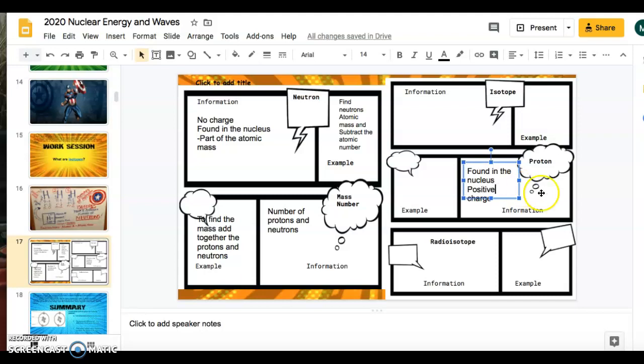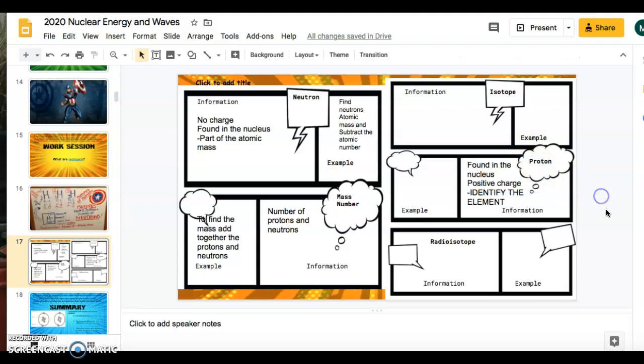Now, one thing that's really important to also remember about protons is protons identify the element. Protons never change. Even if it's an isotope, we still have the same number of protons.